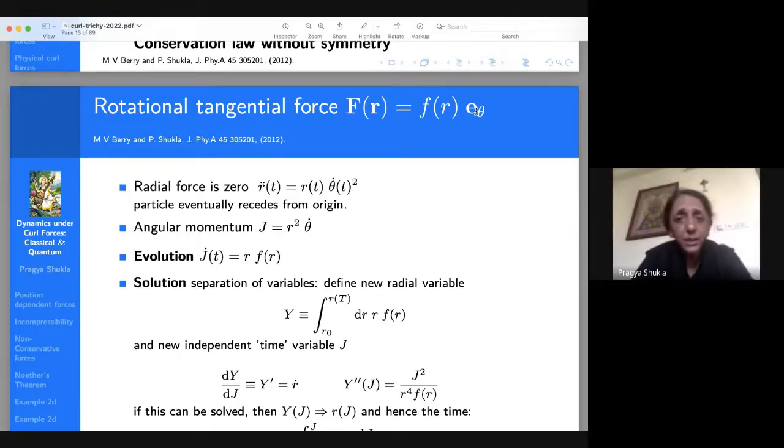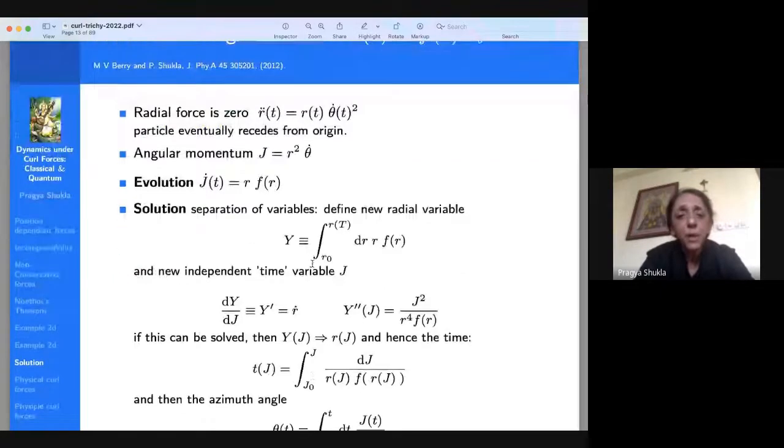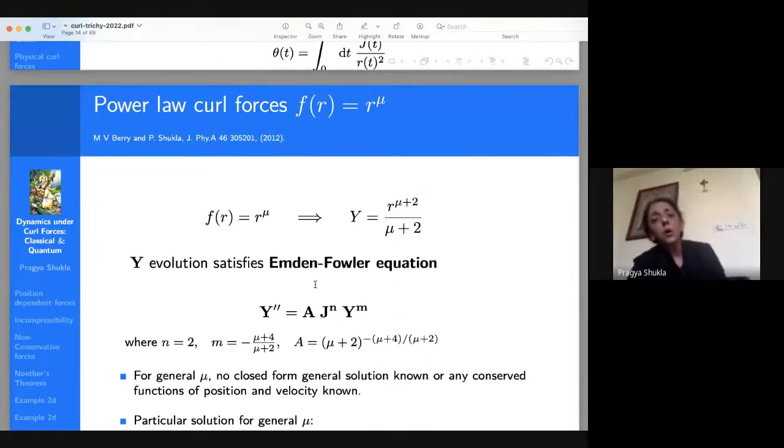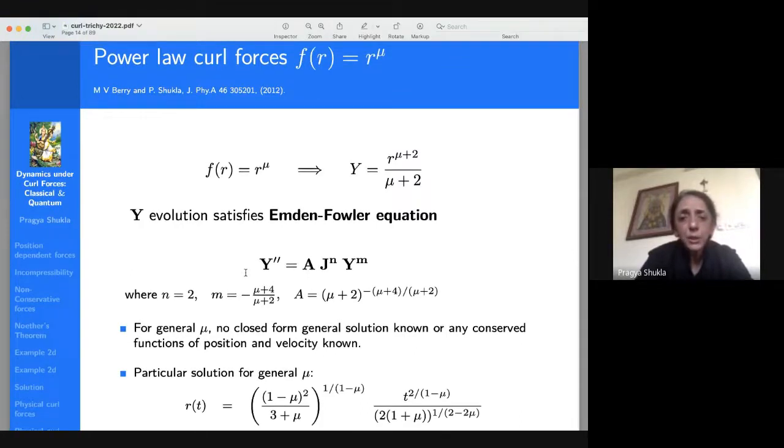The question is what new kind of dynamics takes place. All that is, you can map this problem to the well-known problem of solving the Emden-Fowler equation, a specific case of it, given by these parameters.